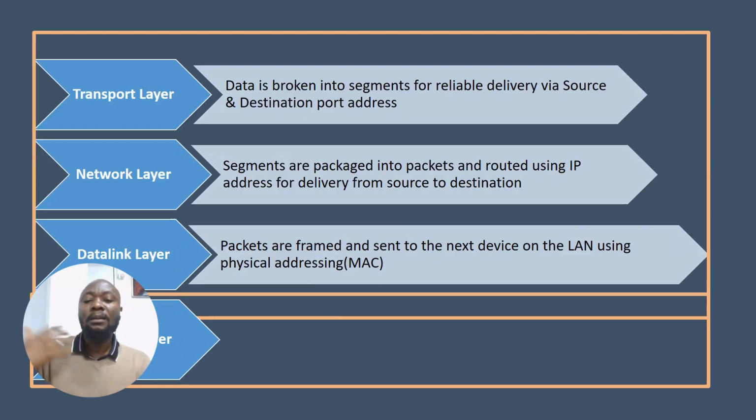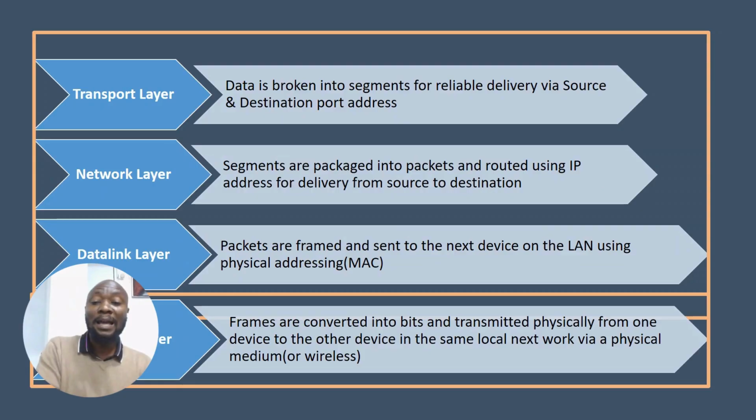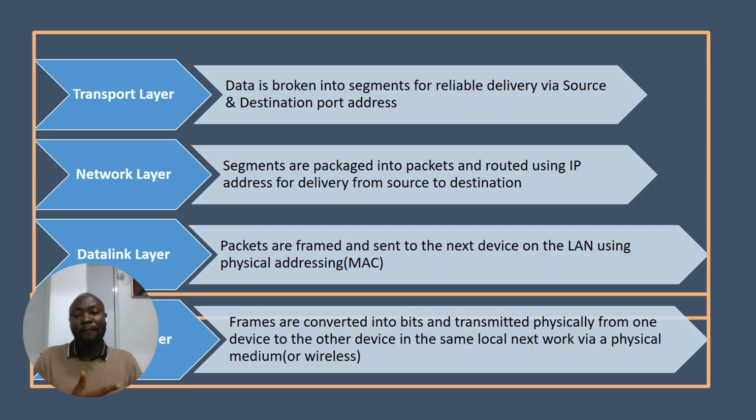For example, there may be 10 devices on the network. I may have my laptop, my mobile phone, my other IoT devices that are configured to share the same network.